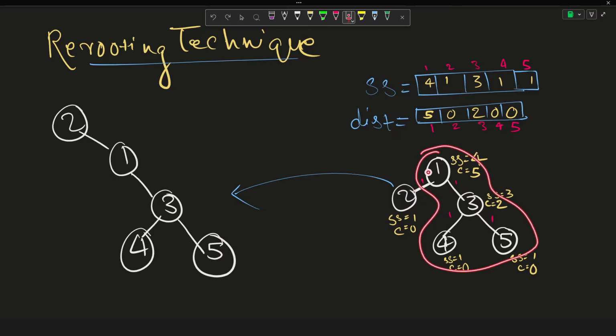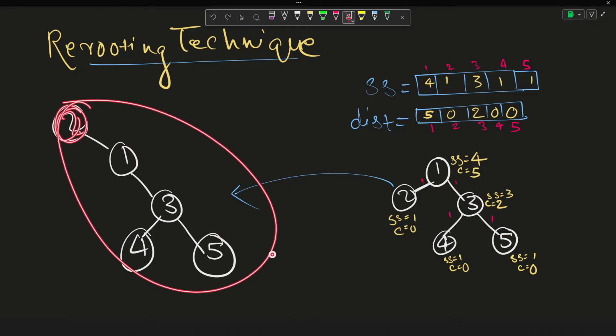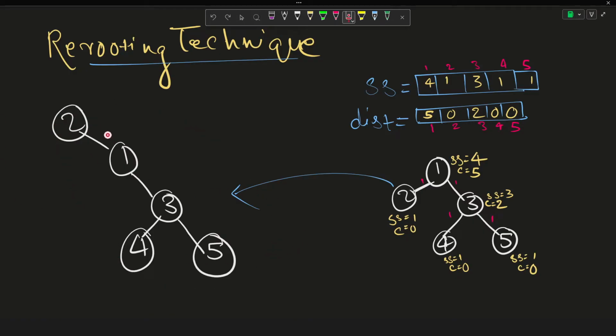And since now I have subtracted the values of 2 from 1, now you can view these two subtrees as independent actually. And now I want to make 2 the parent of 1, that is 1 becomes the child of 2, then only my 2 will be treated as the root vertex for this tree, right? So what does this mean? The subtree size of 2 will increase by the subtree size of this 1, right?